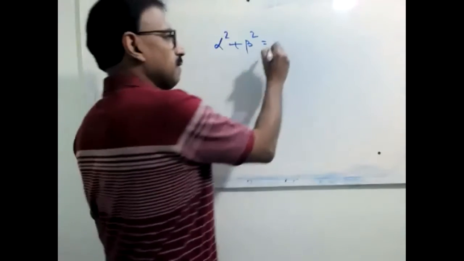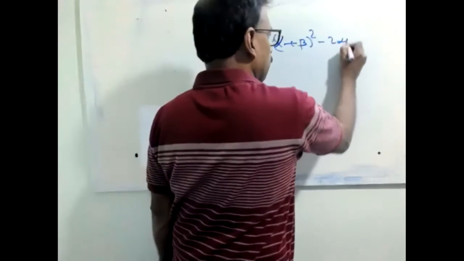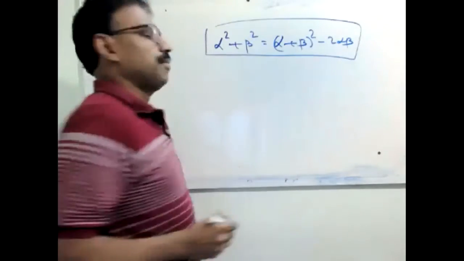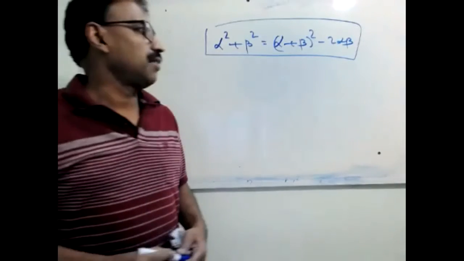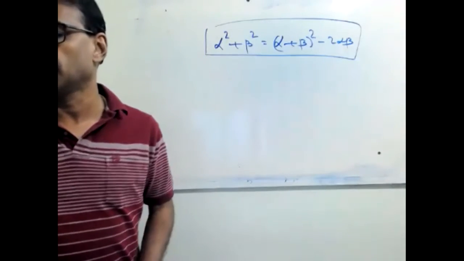Alpha plus beta whole square minus 2 alpha beta. This is also an important thing. Alpha square plus beta square equal to alpha plus beta whole square minus 2 alpha beta. So not new, you only learn.